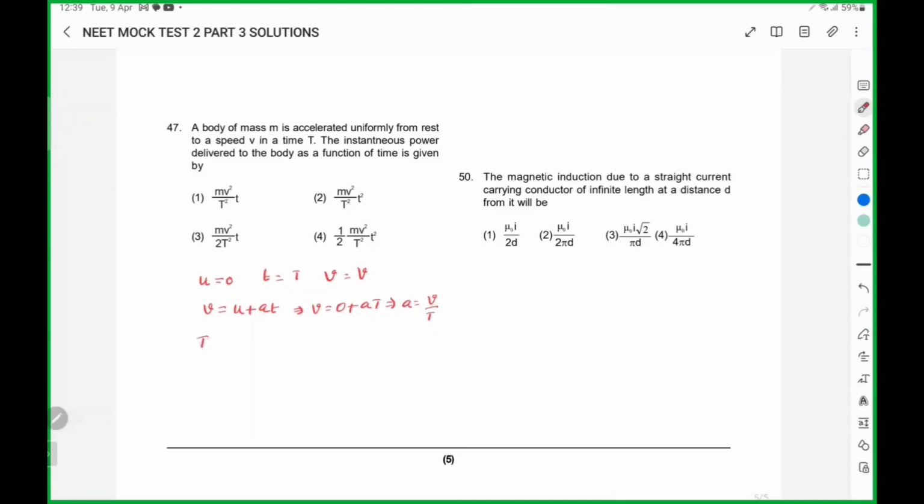So instantaneous power is equal to Fv. So here I will write v1, let us say. At that point, velocity is v1.